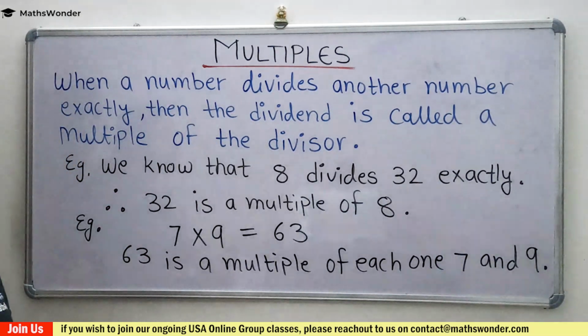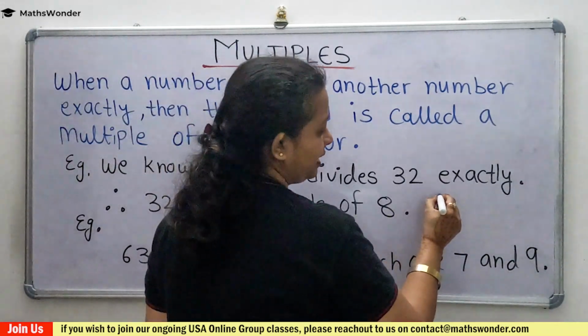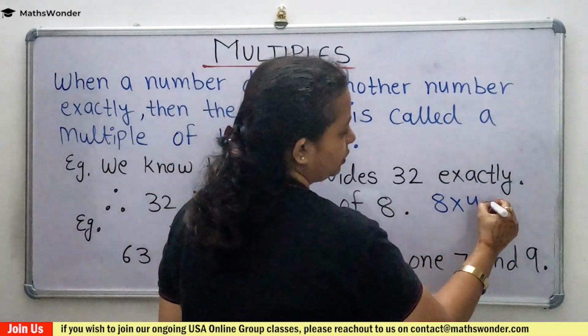Because 8 times what will give 32? 8 times 9 is 72, this is 32. Oh, 4. Yeah, 8 times 4 will give 32, right?